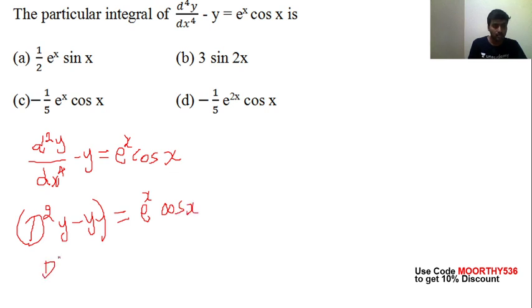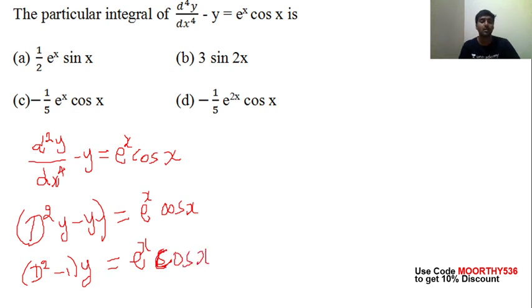Now take this y outside, so (D power 4 minus 1) into y is equal to e power x into cos x. So we have converted the given differential equation in terms of the letter D.